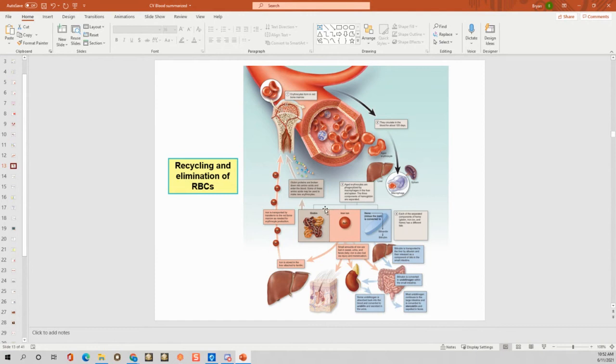What is that hemoglobin made up of? 4 globin groups, 2 alphas, 2 betas, a heme, and in the center of the heme there was an iron. So as that erythrocyte is degraded in the liver/spleen, we end up with globins, irons, and a heme that does not have the iron anymore.